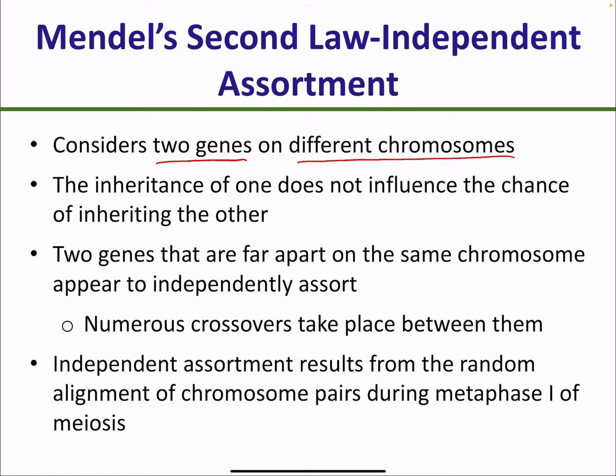And this is made possible because of a number of crossing overs that can occur during prophase 1. So independent assortment is going to result from the random alignment of the pairs of chromosomes during metaphase 1.